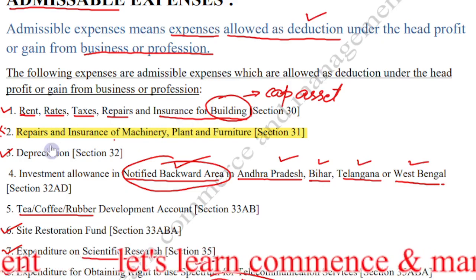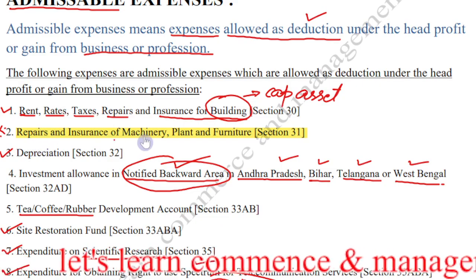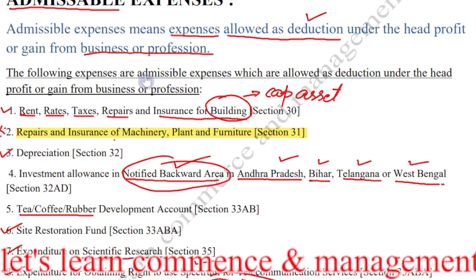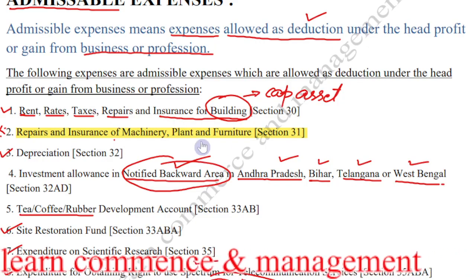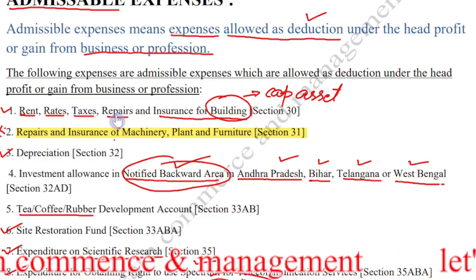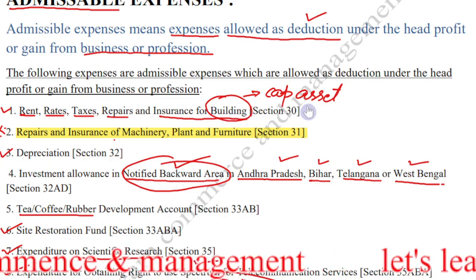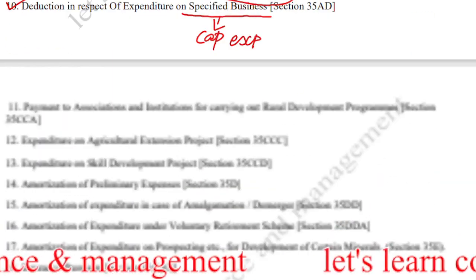Any other expenses other than this repairs and insurance, then it is an inadmissible expense. But if you are paying towards the repairs and insurance, then it is admissible. Then rent, rates and taxes, repairs paid towards building, it is also an admissible expenditure.